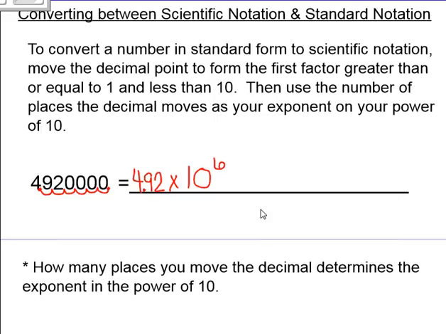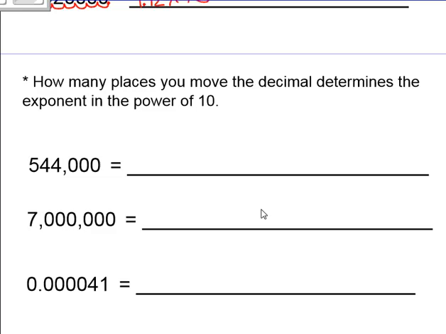Let's see if we can try a few more examples. All right. Again, there's no decimal here, so I know it starts here. I'm going to go ahead and count how many places I moved that over. 1, 2, 3, 4, 5.